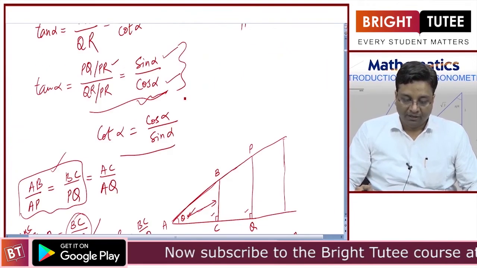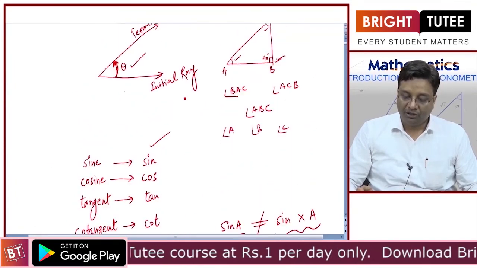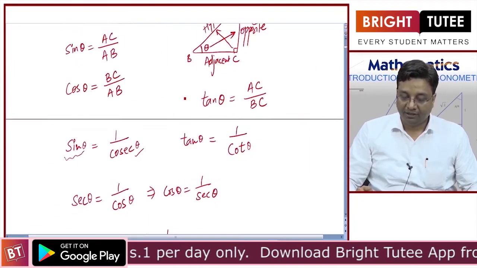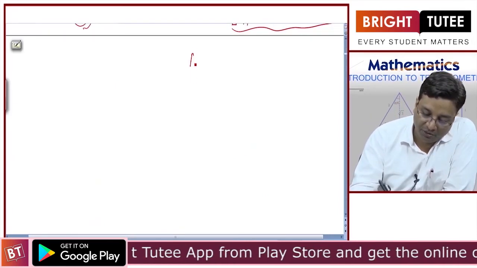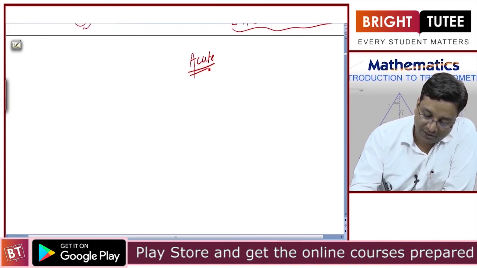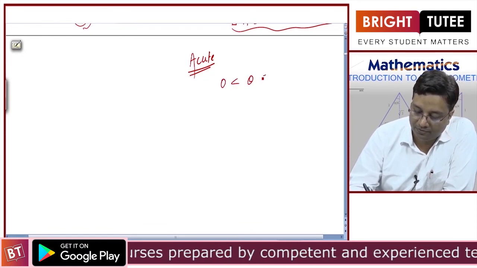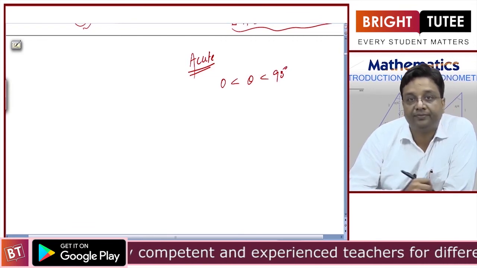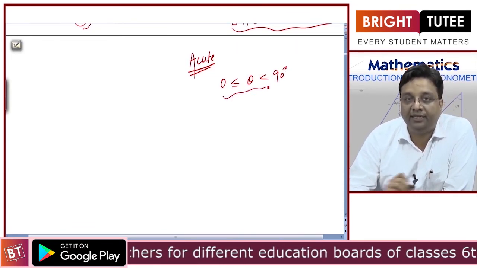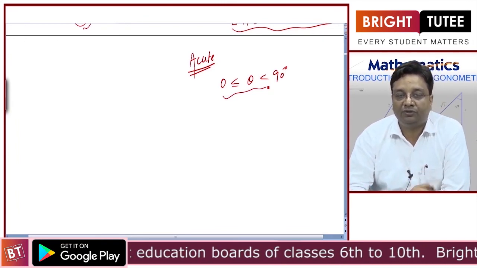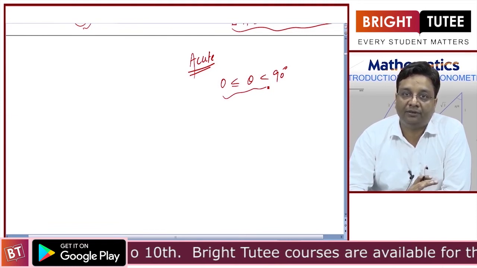Okay. And students, you need to take care that in this chapter we will talk about acute angles. What are acute angles? 0 to 90, right? So the angles which are less than 90 are acute angles. So we will talk about trigonometric ratios of acute angles in this chapter.